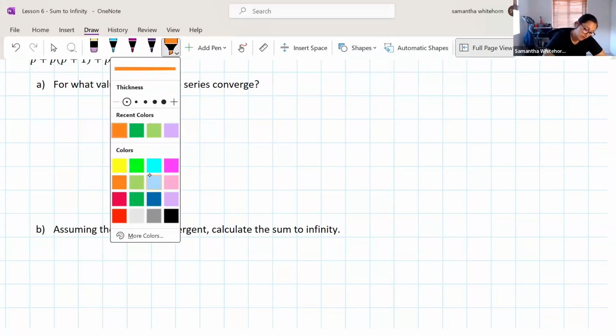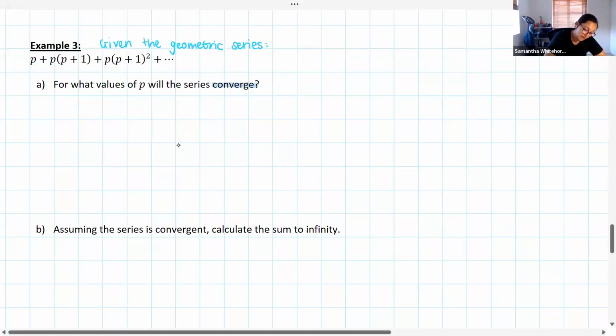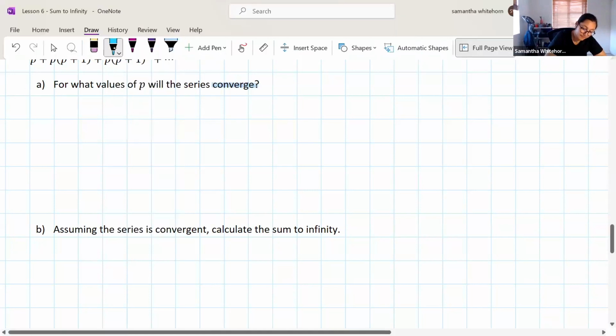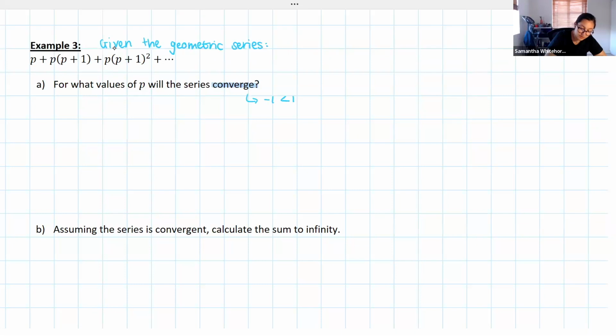Now remember, we said that a series converges when and only when our R value is between -1 and 1. So if we can essentially use that fact in answering this question, as we've done with all the defining characteristics of our sequences, we are good.